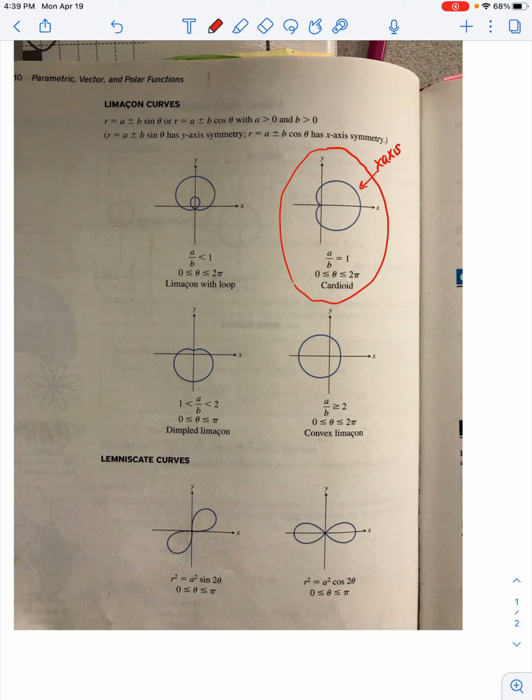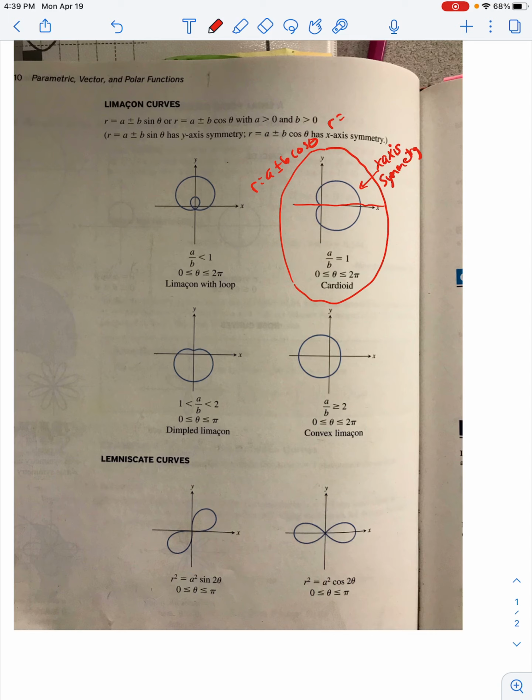Ours has x-axis symmetry, because you could fold it along the x-axis and it would fold right on top of itself. So this one would be considered the r equals a plus or minus b times the cosine of theta.